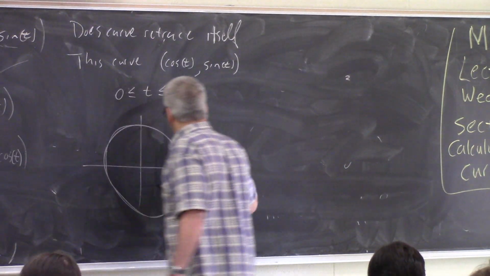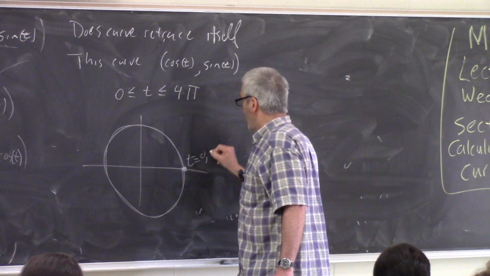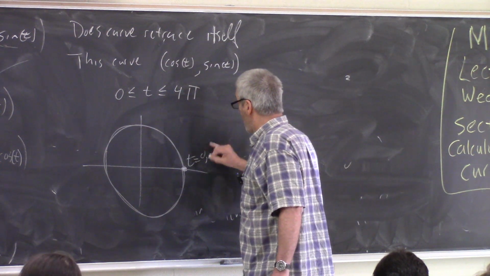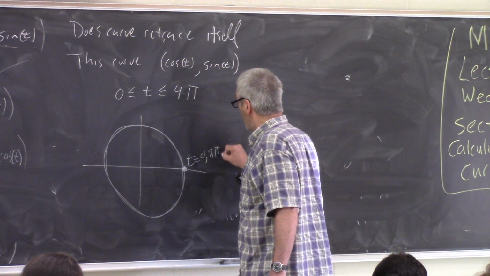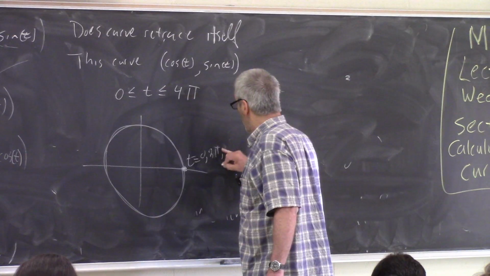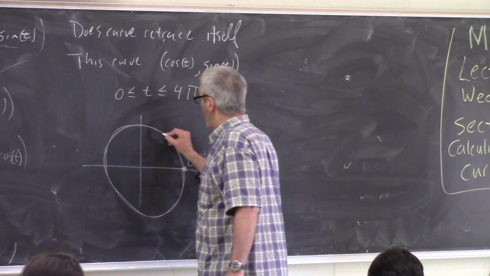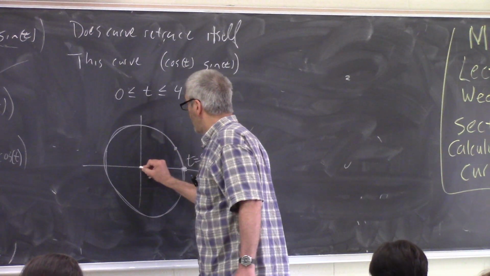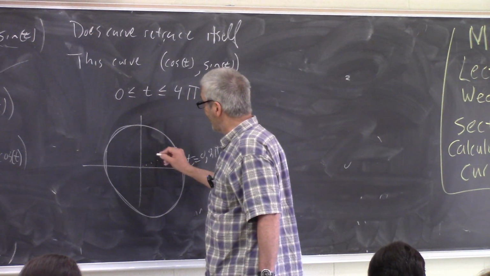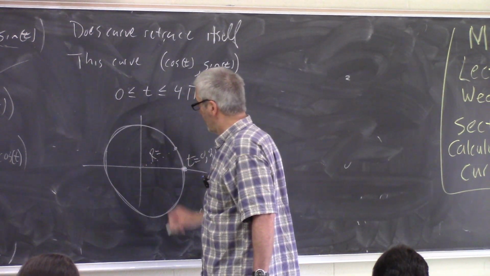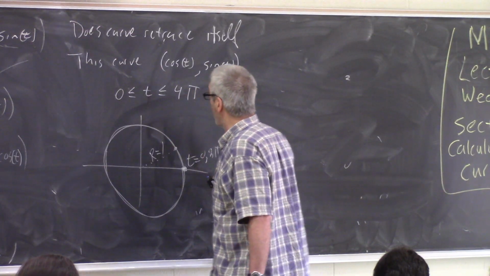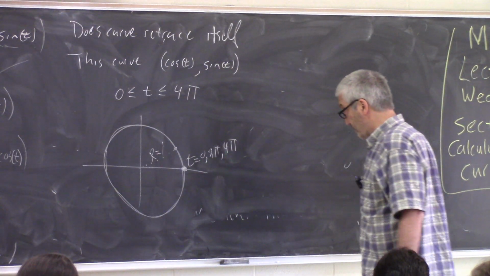So this would be at t equals 0, and also again at t equals 2 pi, and also again at t equals 4 pi. It goes around twice. And notice an object on this circle, what's the radius? 1, because sine squared plus cos squared equals 1.